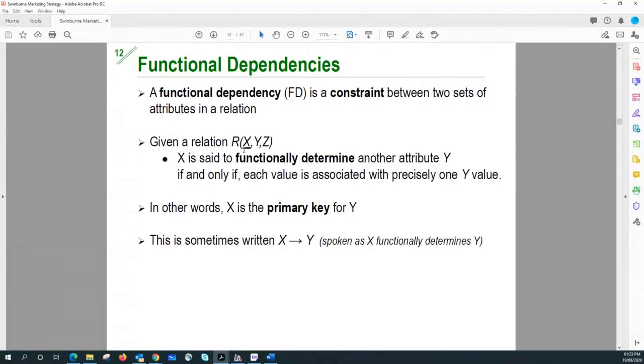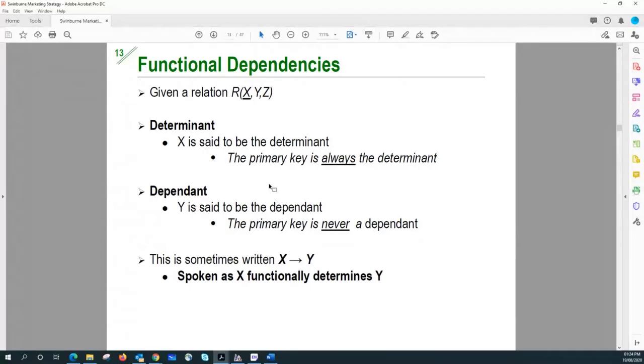So that means I can say your primary key, that's your student ID, functionally determines the values of the other attributes: the first name, the last name, the fees paid, the address, the date of birth, etc., right? So functional dependency means that. We can show that mathematically like this: X functionally determines the value of Y. In mathematics, usually we call them determinant and dependent. The determinant is the primary key, right?